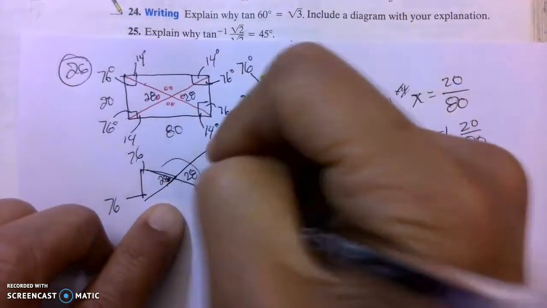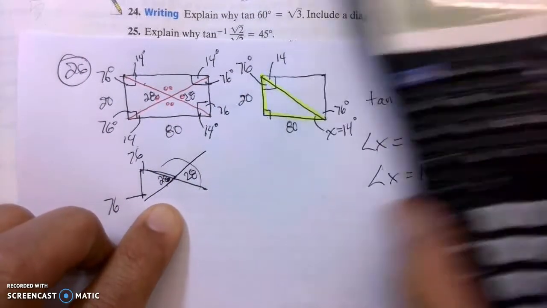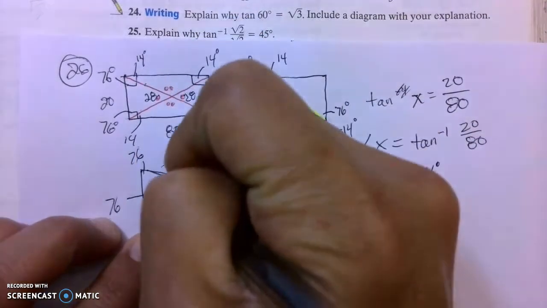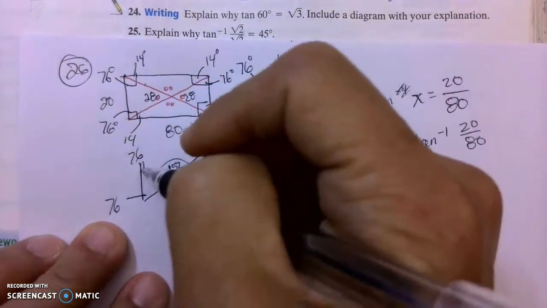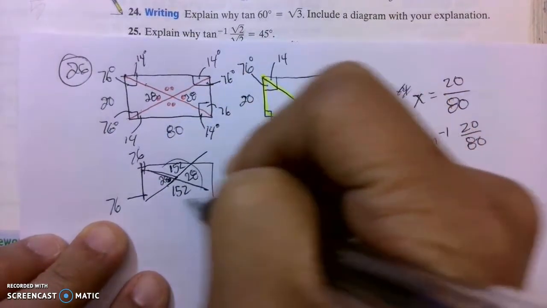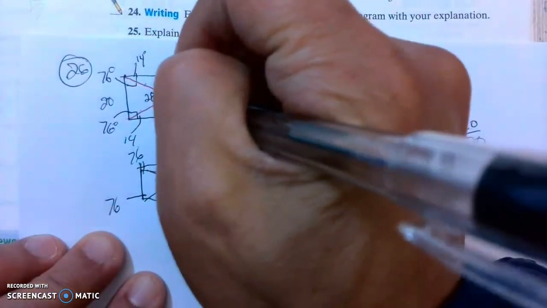I didn't draw this very well. And it makes a straight line over here. So if I go 180 minus 28, you will get 152 here and 152 here. So these are the angles in the middle of this horrible looking rectangle, which should have been a rectangle: 28, 28, 152, 152 in the middle here. This is number 26.